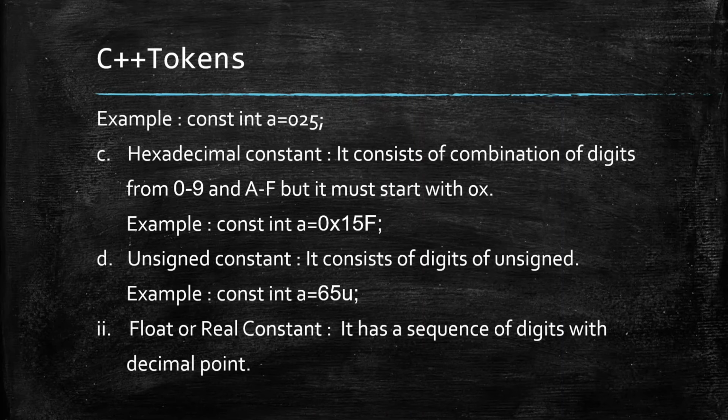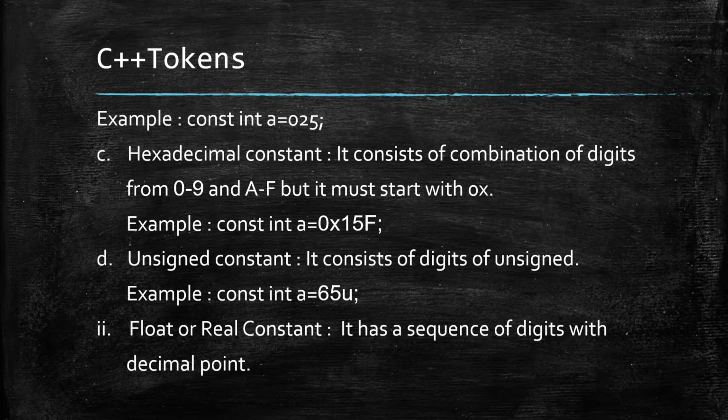A hexadecimal constant consists of digits from 0 to 9, which are the only digits we have, and since there are 10 of them, we then consider the alphabet A to F for the remaining numbers.